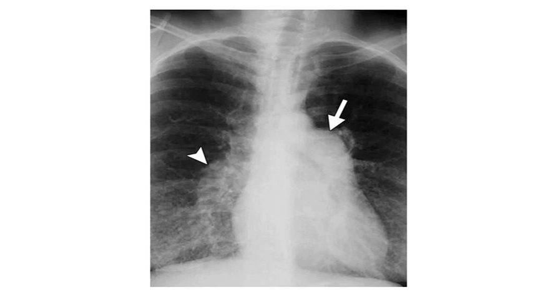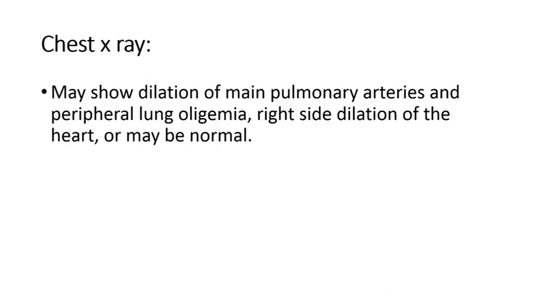As we can see, there is as well, in the lower fields, interstitial pulmonary fibrosis. As we mentioned, chest X-ray may show dilation of the main pulmonary arteries and peripheral lung oligemia, right-sided dilatation of the heart, or may even be normal.